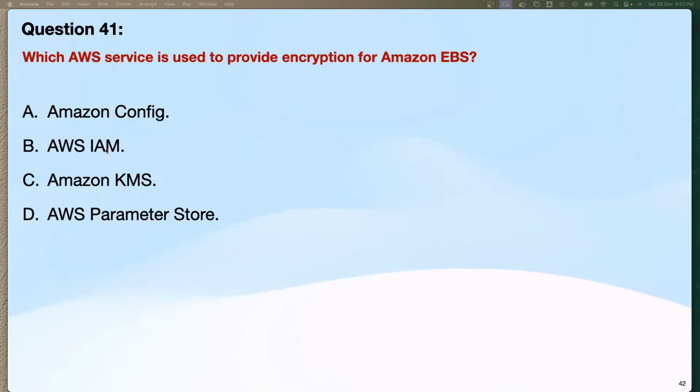AWS IAM is again only for identity access management. It cannot do encryption, decryption. Parameter Store, as I was talking, it's only to store any non-secure data like environmental variables. Okay. So AWS KMS, Key Management Service, is the service meant for encrypting and decrypting the data. Okay. So AWS KMS is the answer.